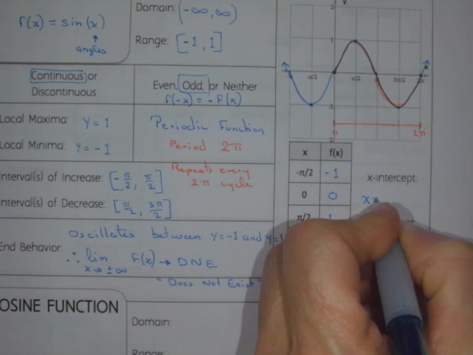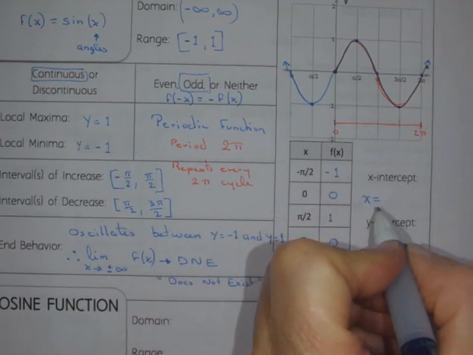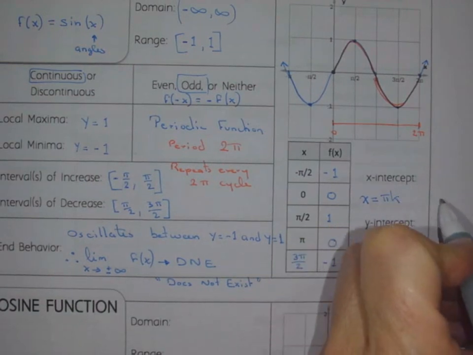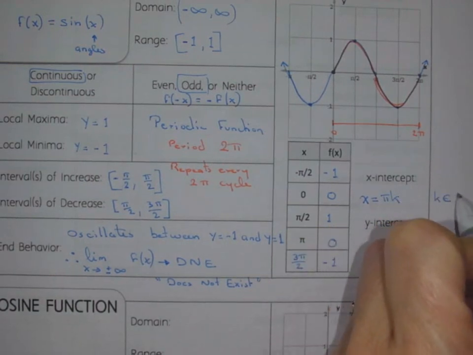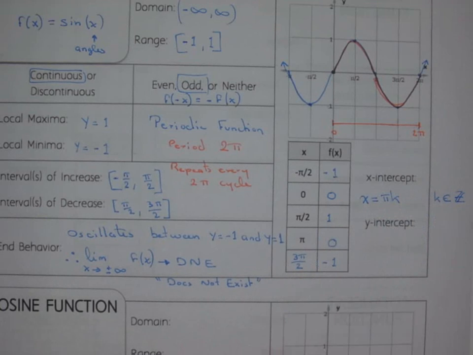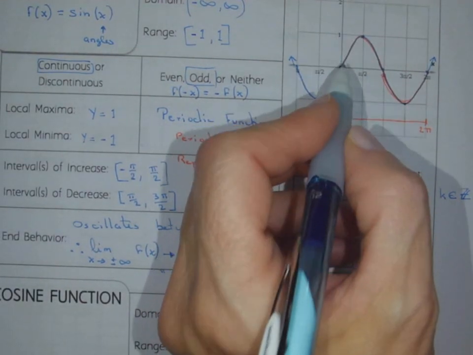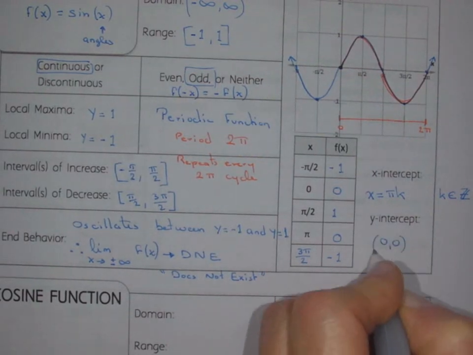So we're going to say x equals pi k, where k is an element of the set of all the integers. Okay. The y-intercept, well, there is only one, right? We only cross the y-axis once, that's at the origin, 0, 0. All right, that's for the sine function.